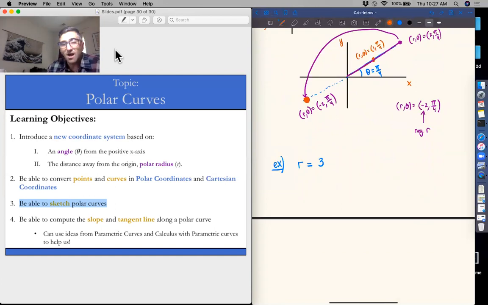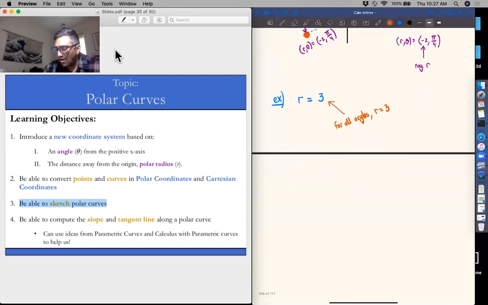Well, if we're thinking about the polar radius, again, we're asking at what angle is the polar radius equal to what, et cetera. In this case, the way we can interpret this is, for all angles, r is equal to 3. So what type of shape does that actually sketch out for us? Because it doesn't matter now what angle we're actually at.